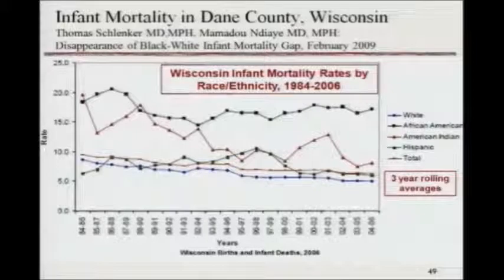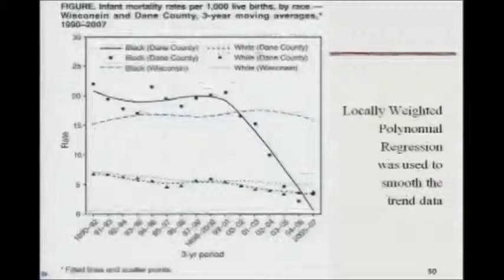This showed the real data by race and ethnicity, as 3-year rolling averages. I think the methods used here were really great. So that was the picture we were looking at.